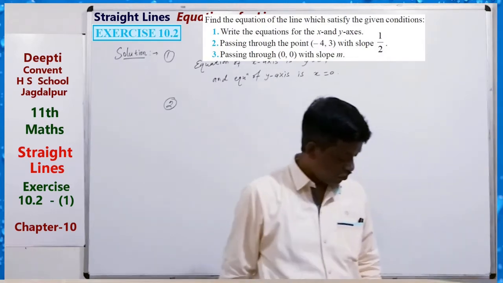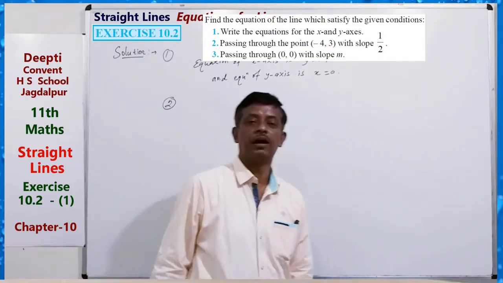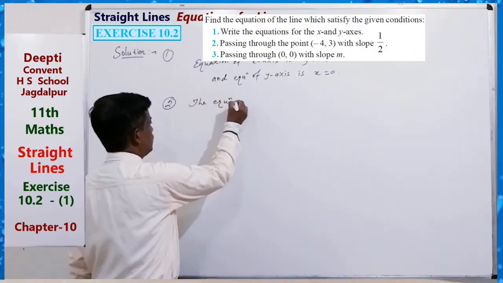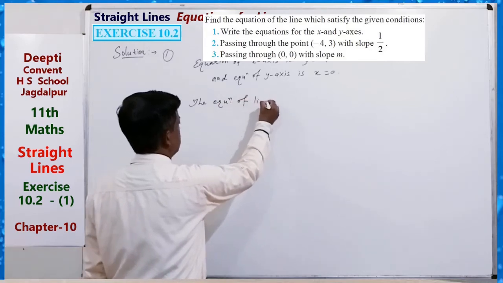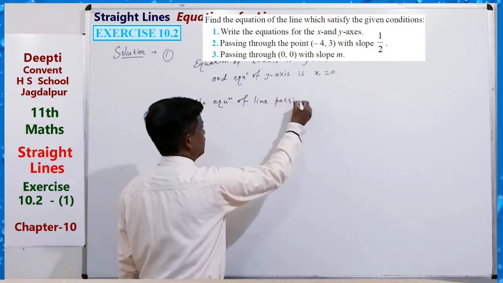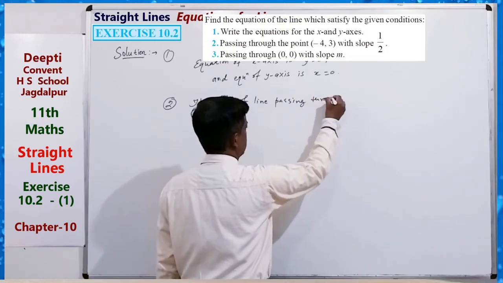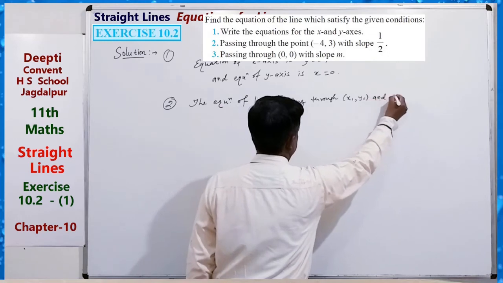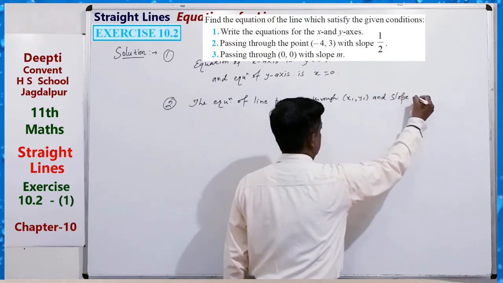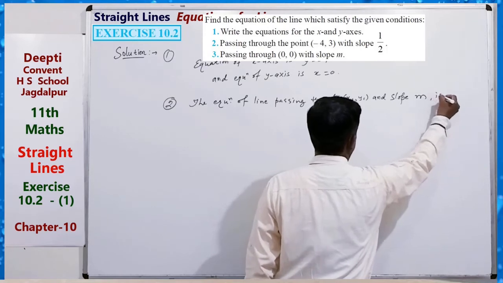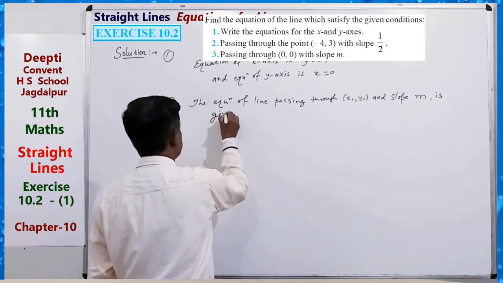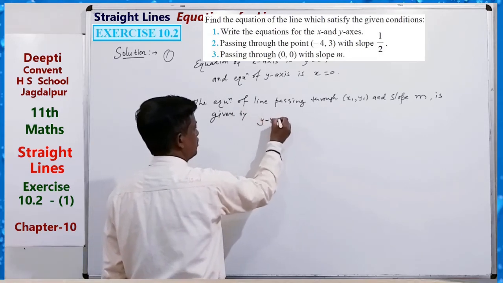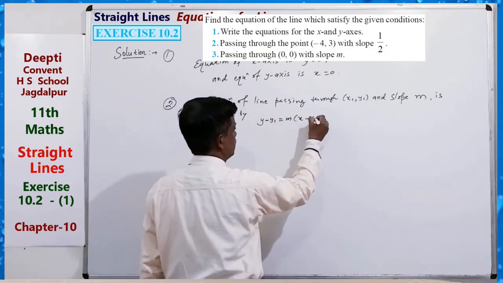Line passing through the point -4, 3 and slope half. The equation of a line passing through x1, y1 and slope m is given by y minus y1 equals m times x minus x1.